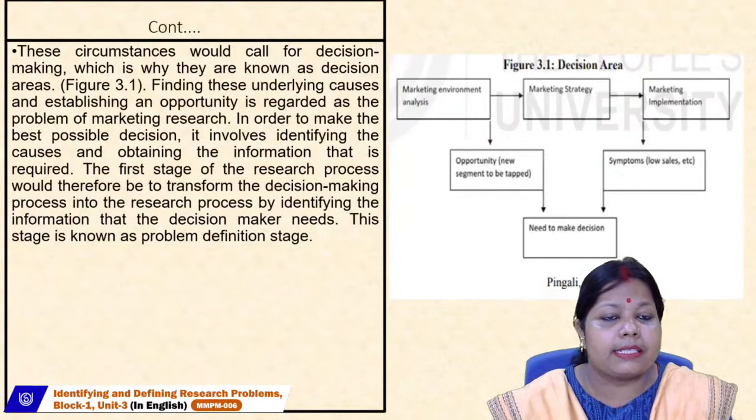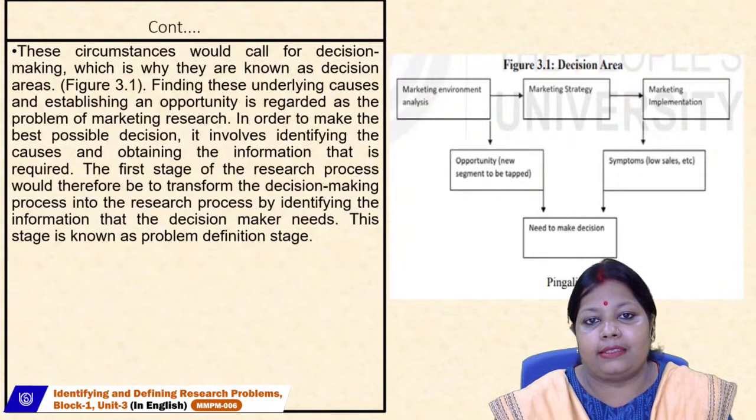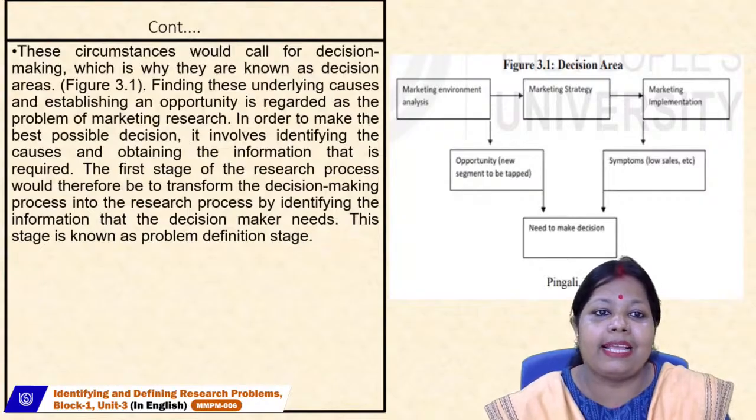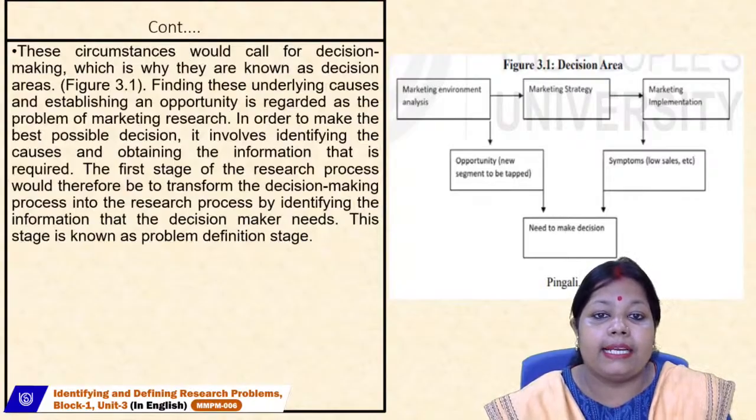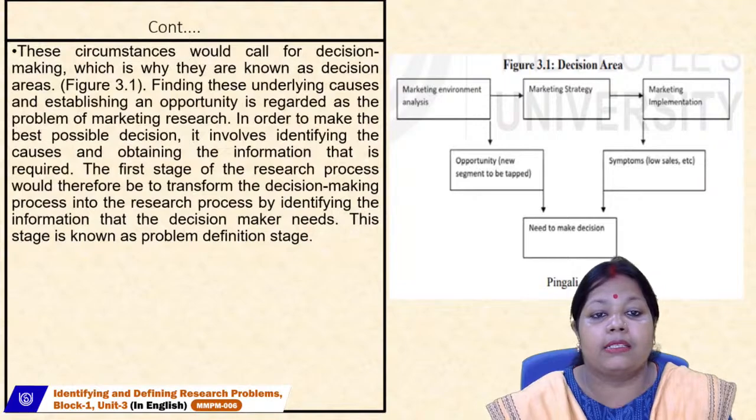So these circumstances would call for decision making, which is why they are known as decision area. We must know why a decision area is there, and finding these underlying causes and establishing an opportunity is regarded as the problem of marketing research.